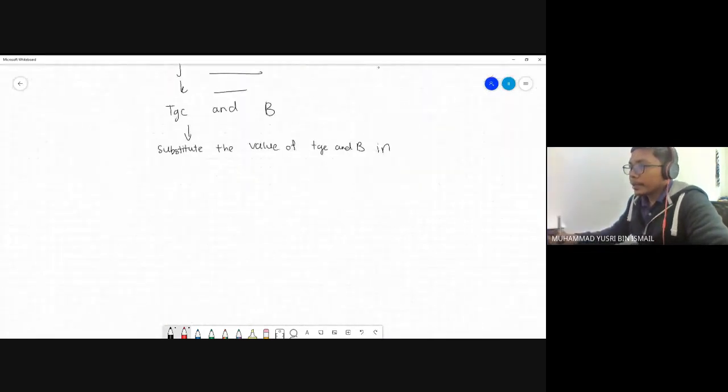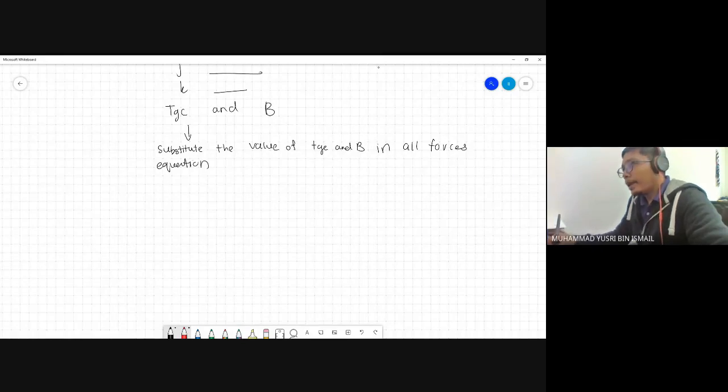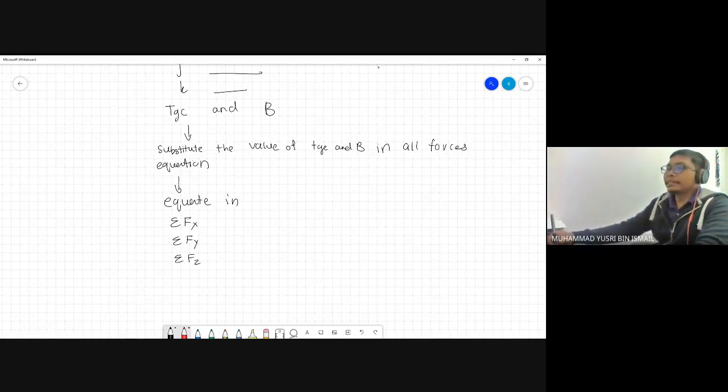So in all forces equation, and then after that equate in summation of fx, summation of fy, and summation of fz.